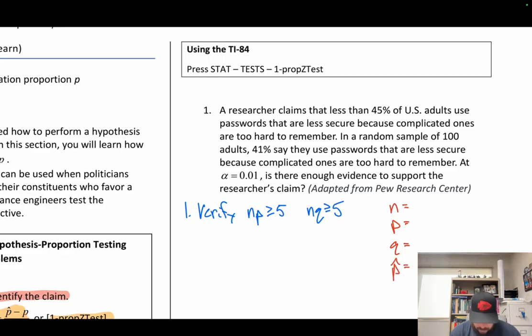We're given our n is 100. Our p is 45, or 0.45. Our q now is 1 minus that, so 0.55. And then our p hat was given to us as our sample there.